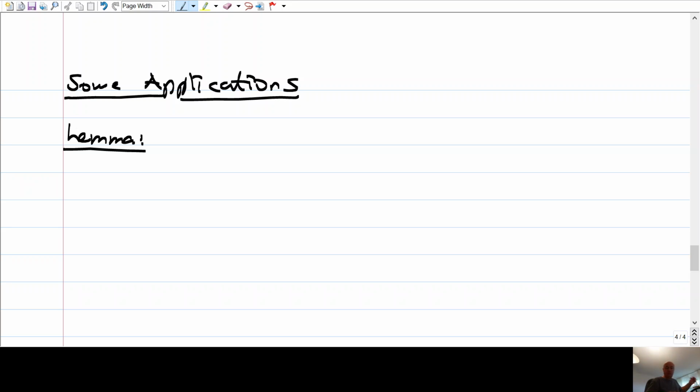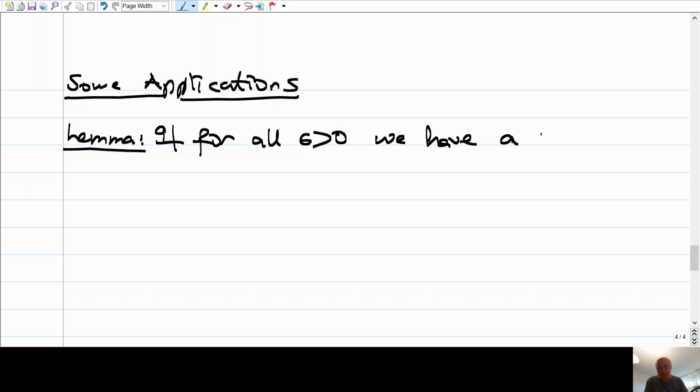If for all epsilon positive, we have A is less than B plus epsilon, then A is less than or equal to B.